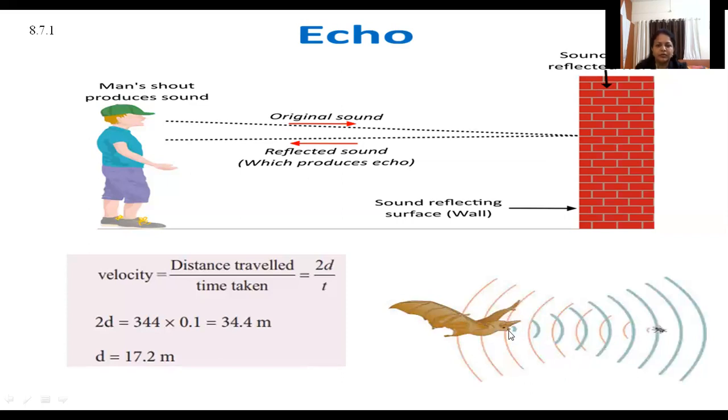They throw some voice or sound from their mouth, and that sound again comes to them by reflecting, and by that they can recognize their prey. They can find out easily where the prey is by using this trick, that is the echo.